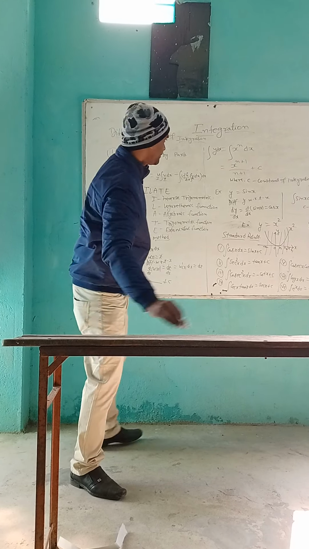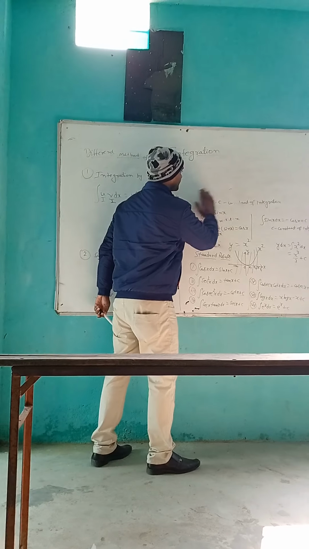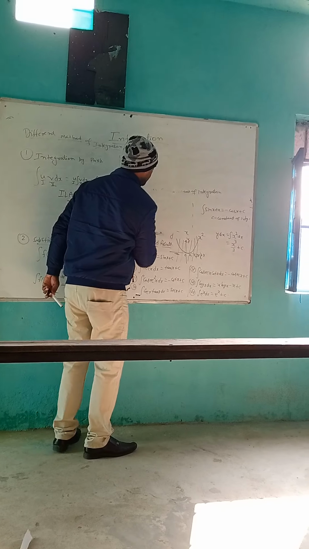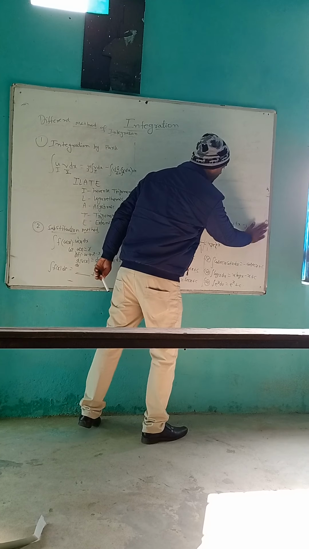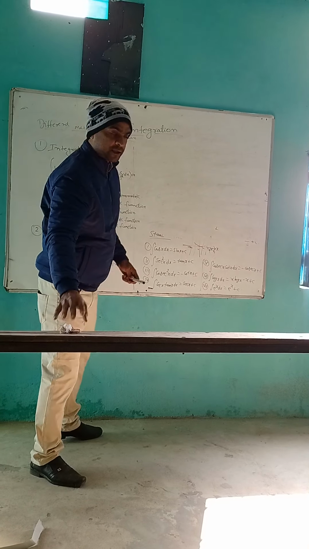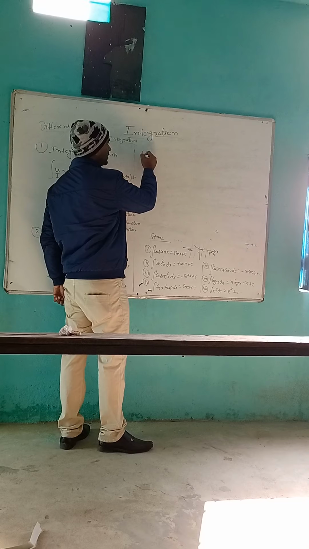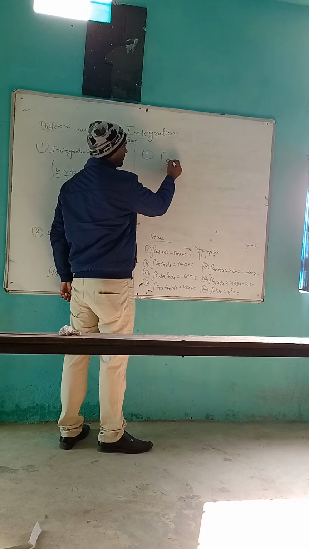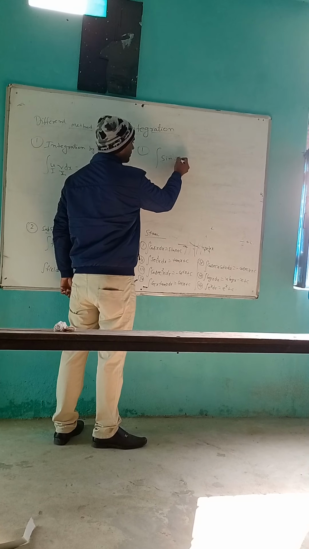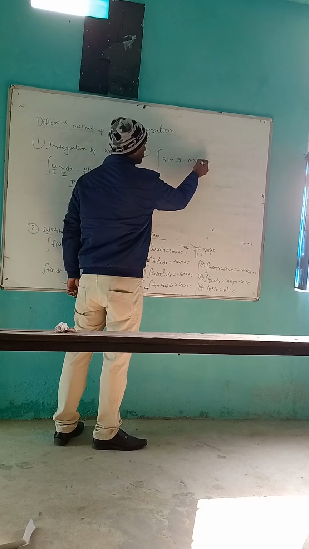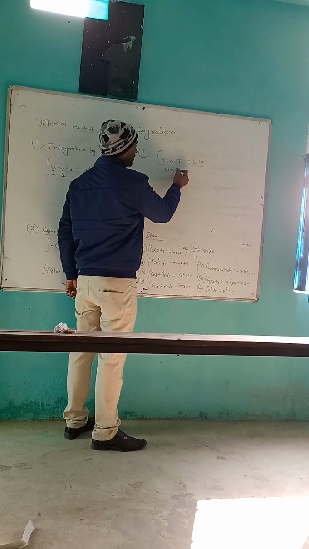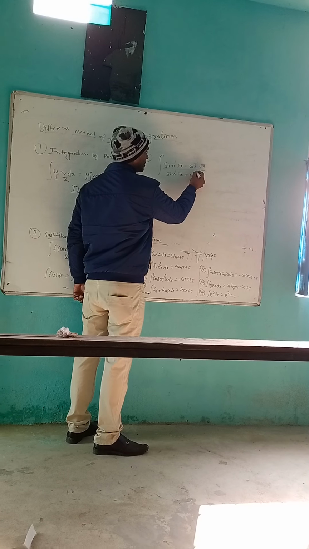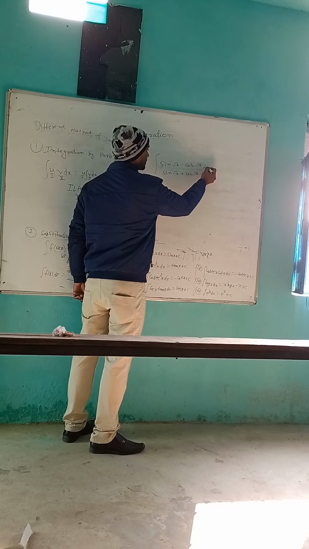Example: one JEE problem I am going to discuss, JEE Advanced 2020. The integral of sin inverse root x minus cos inverse root x upon sin inverse root x plus cos inverse root x dx.